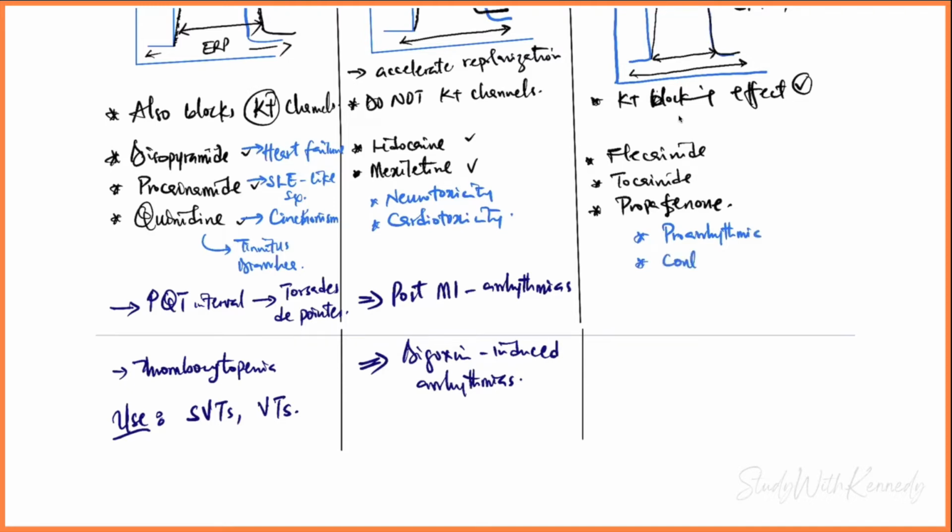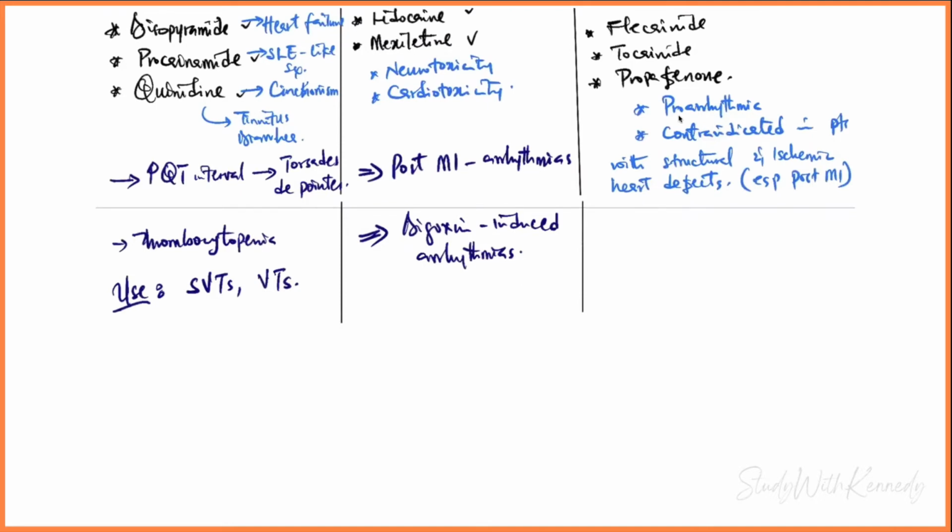And then you want to know that these medications are contraindicated in patients with structural and ischemic heart defects. So if someone has an MI, you are not giving them a class 1C antiarrhythmic medication.